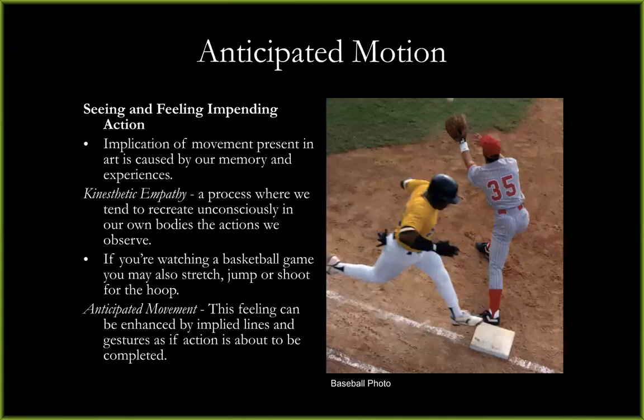Before we move on, the tense space in this photograph is that little bit of space between the runner's foot and the base, and there's another one between the ball and the mitt. Those two spaces tell us that something is about to happen, and we don't know what's going to happen first, but there's very much a sense of implied motion.